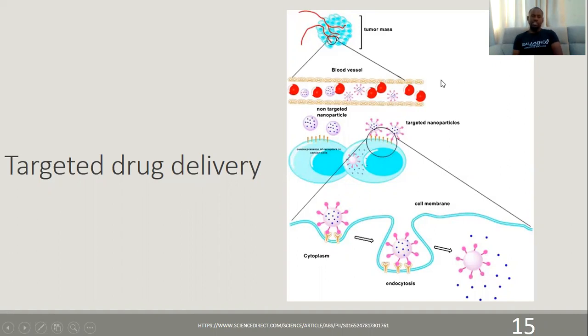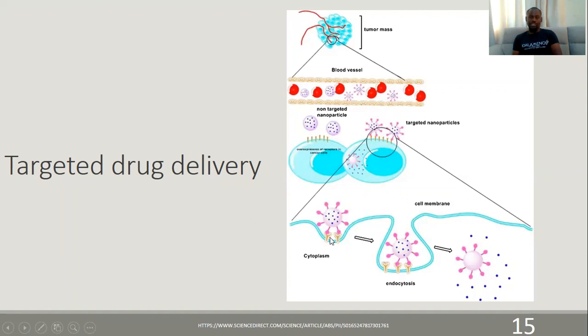We inject the drug into the bloodstream, and here we have nanoparticles which are non-targeted, so they can interact with any cell at random, and they have limited access to different cells within the body. But these ones, as you can see here, have these structures on the surface.